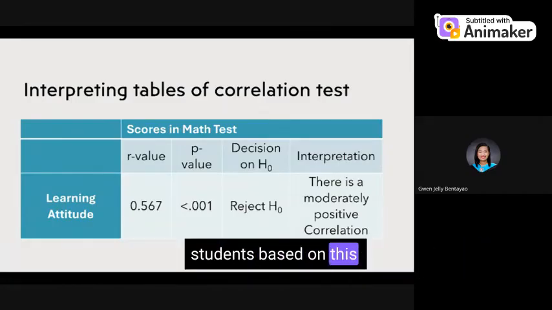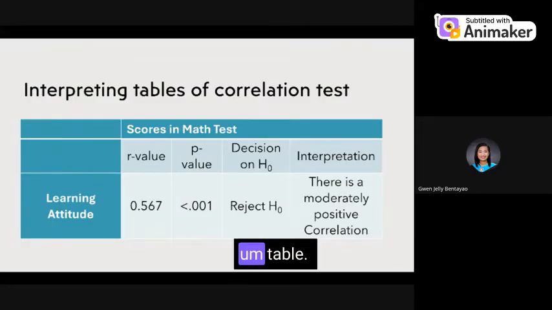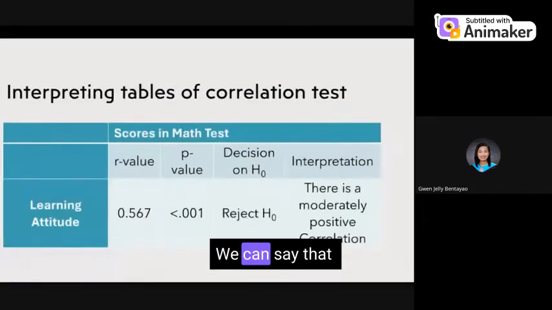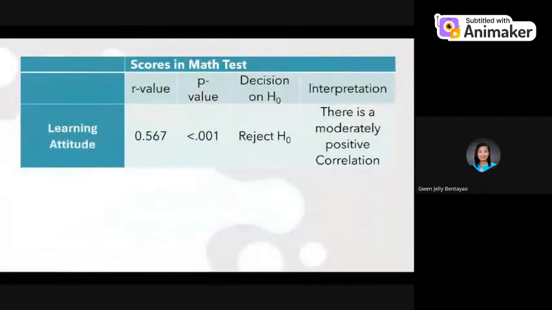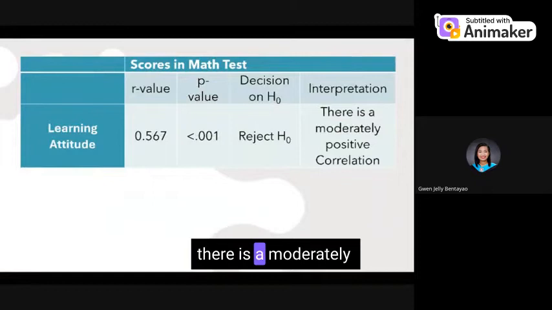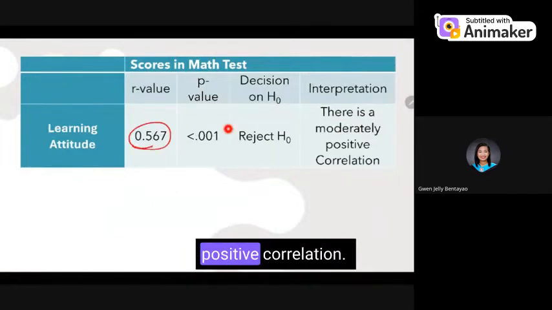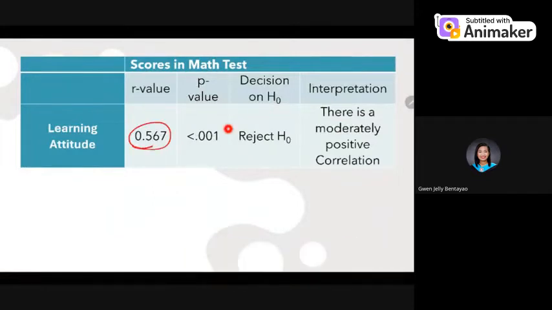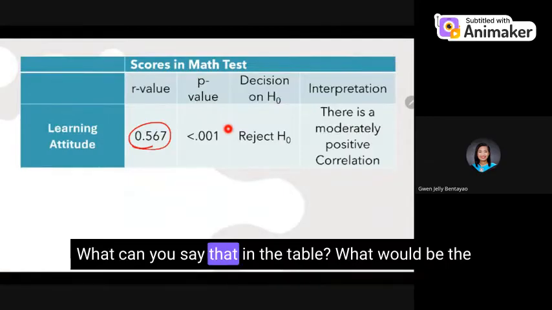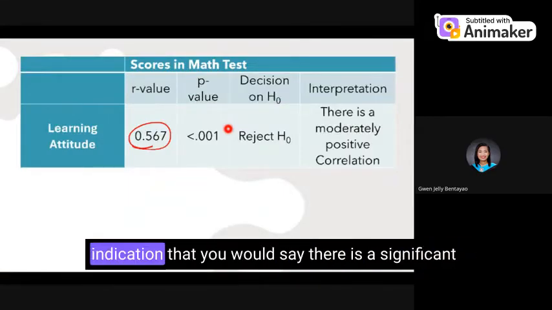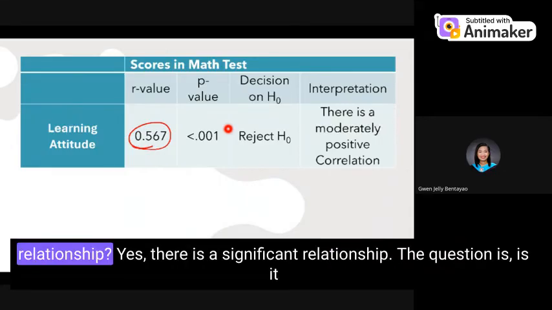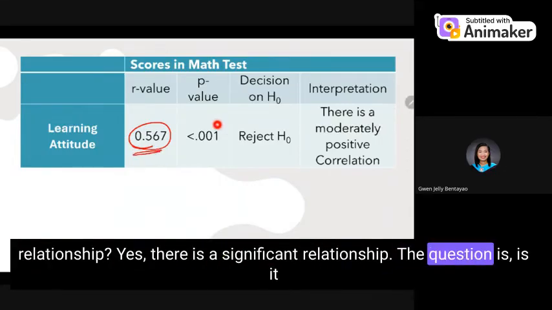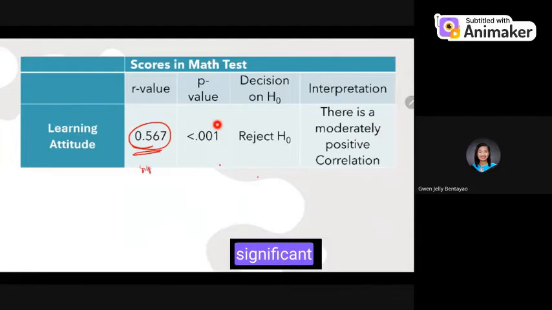So based on this table, we can say that there is a moderately positive correlation. What will be the indication in the table that there is a significant relationship? Yes, there is a significant relationship. But the question is, is it significant?